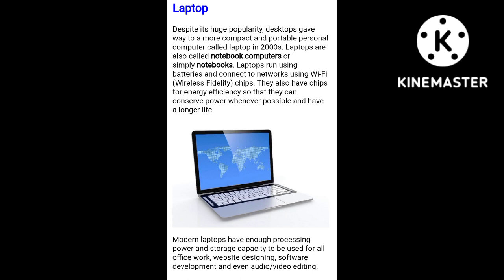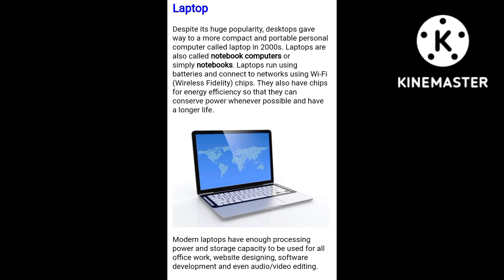Laptop. Despite its huge popularity, desktops gave way to a more compact and portable personal computer called laptop in 2000s. Laptops are also called notebook computers or simply notebooks. Laptops run using batteries and connect to networks using Wi-Fi, wireless fidelity, chips.